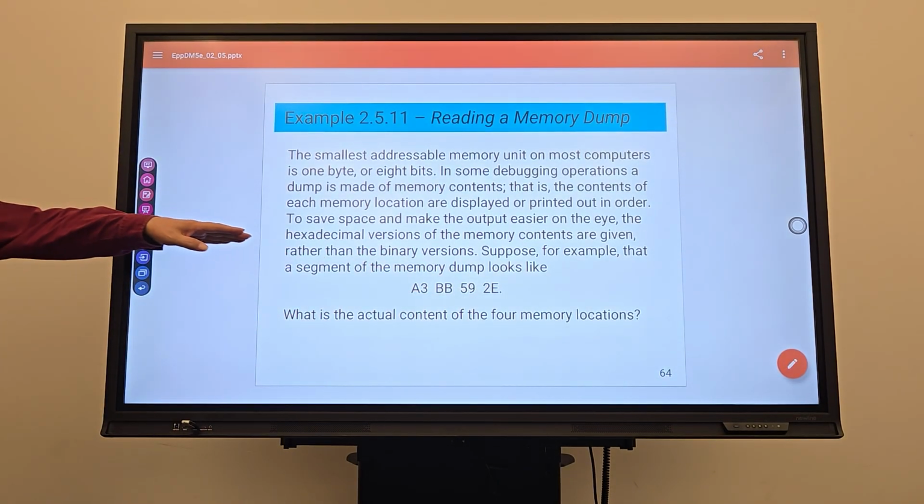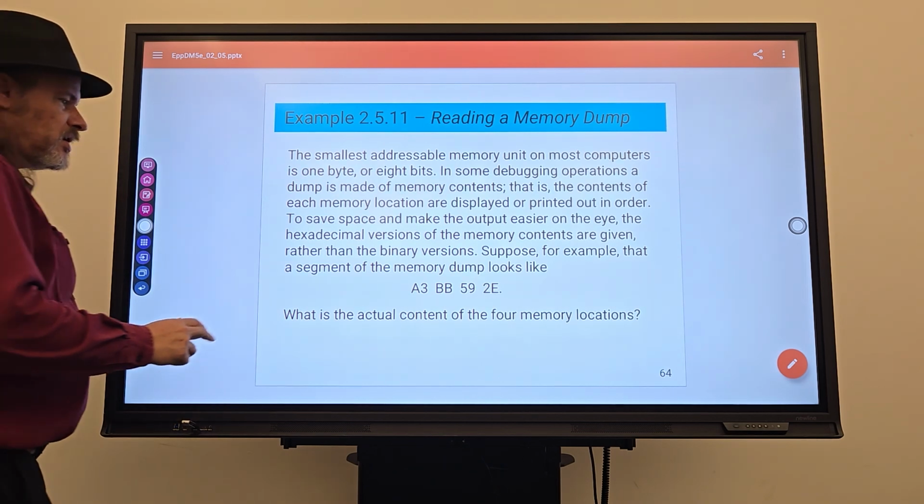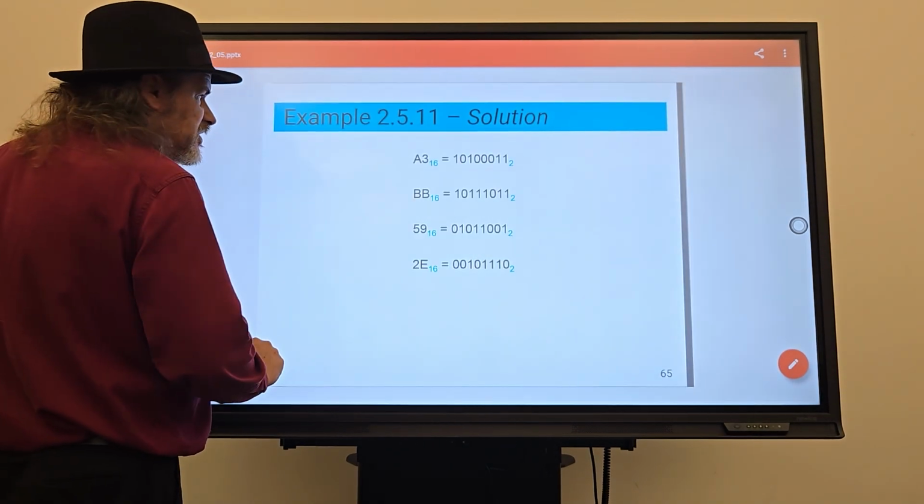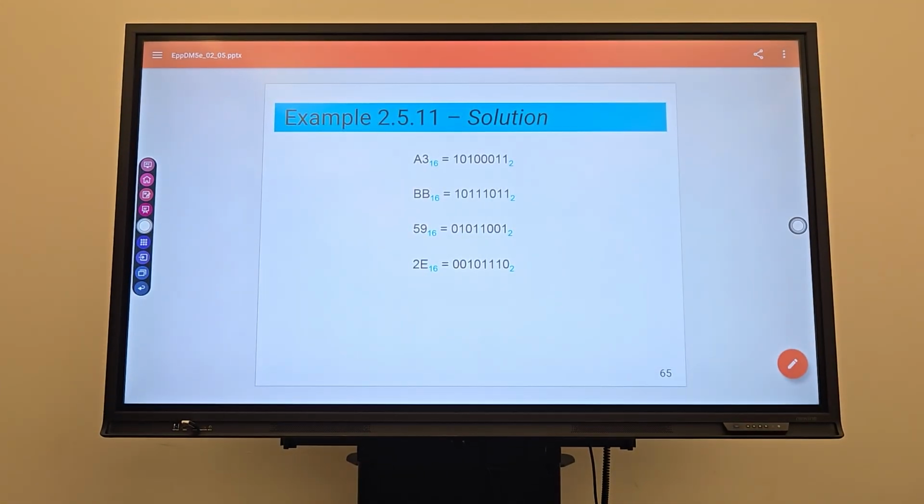Now that would be 32 bits. If they represented that in binary, it'd take up half the width of the screen for one number instead of just 8 hexadecimal digits. So it's much more compact and easy to read. That's what those numbers mean in binary, those hexadecimal digits.